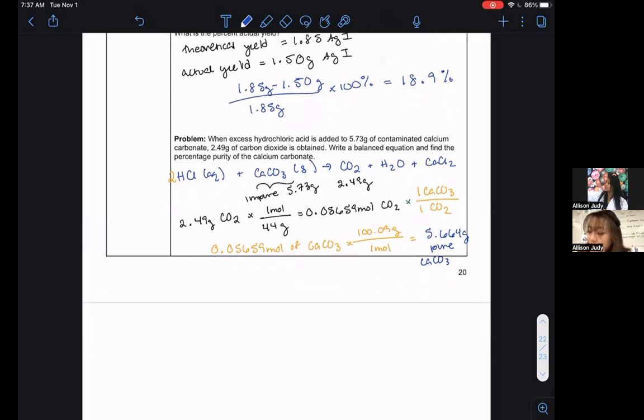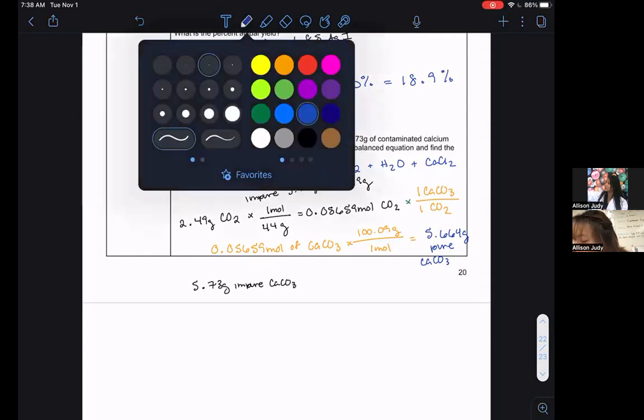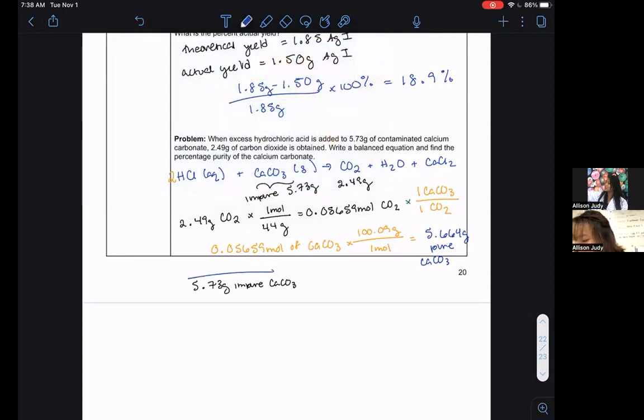And then I say, well, the percent purity is that I started with 5.73 grams of impure calcium carbonate. But I know according to my reaction, to produce 2.49 grams of carbon dioxide, I required 5.664 grams of pure calcium carbonate to actually react.